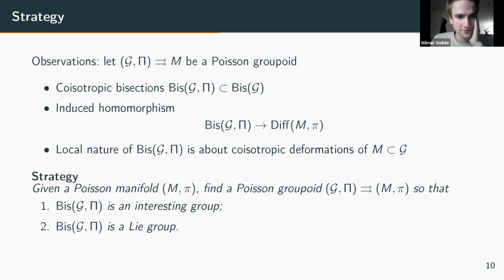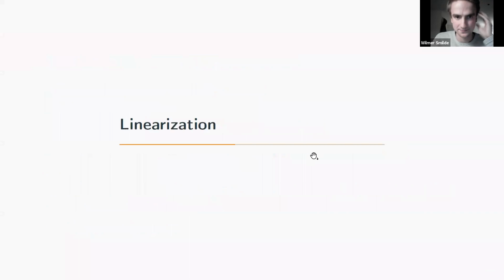As I told you before, the local nature of this group is really about the coisotropic deformations. So let us study a little bit more a certain case when these coisotropic deformations are particularly nice. And that way we come to linearization.